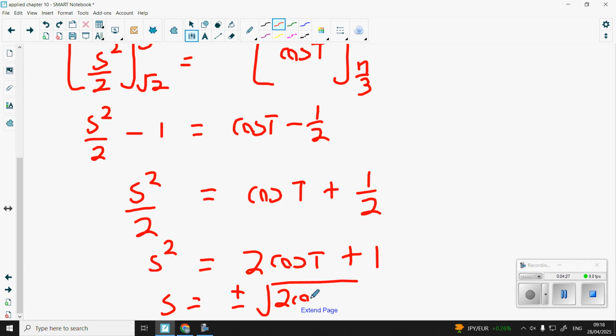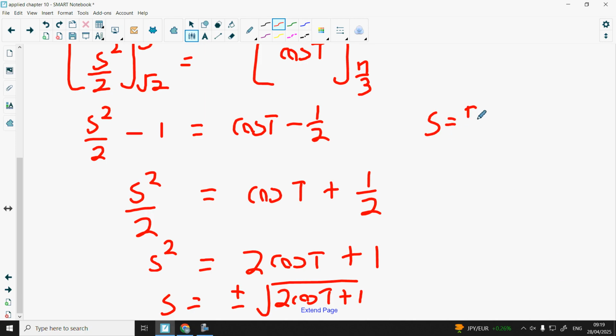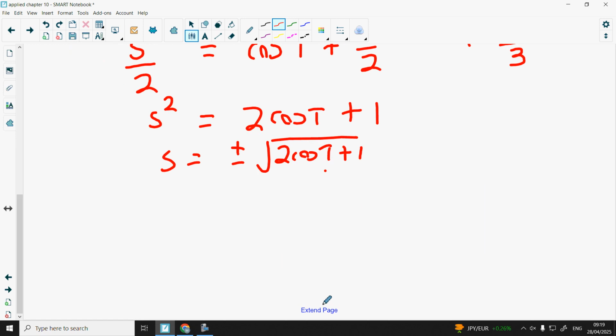Did anybody get this? Y doesn't have both the plus or the minus in the answer. So let's go back to the two limits we're given. What were the two limits again? s equals root 2 when t equals pi over 3. Let's think about this.